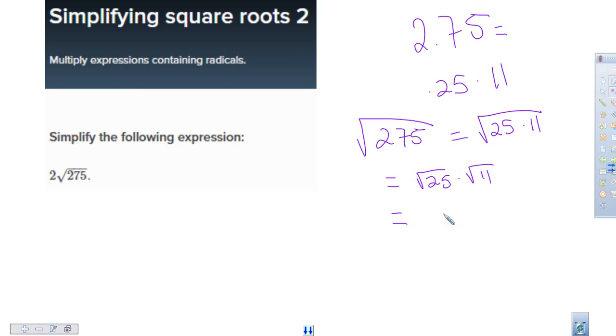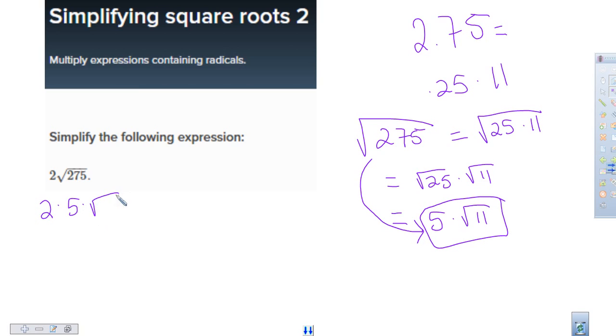Well, that's equal to 5 times root 11. So I could rewrite this as 2 times, and I just stick this whole thing in here because that's the same as 2 times the square root of 275. These two are equal. So 2 times 5 times root 11. Well, what's 2 times 5? That's 10 root 11.